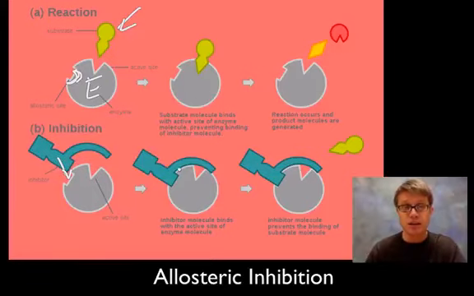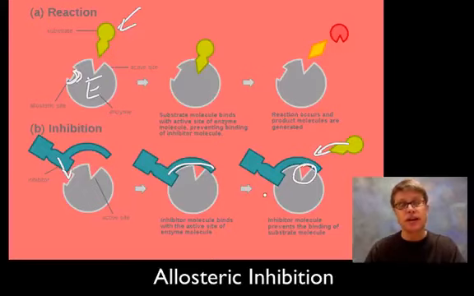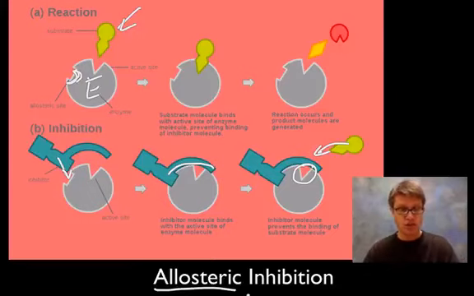When it bonds to the allosteric site, it's covering up the active site. And so now there's going to be no way that substrate can fit in. But since it's not actually bonding to the active site, we call that allosteric. Allosteric means different shape, or different shape of the enzyme. So that's a type of non-competitive inhibition.